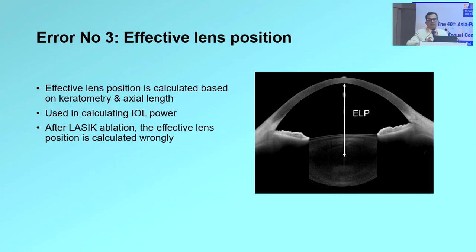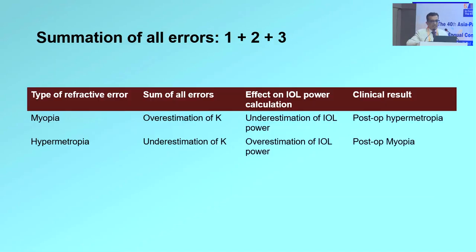There are also errors with the effective lens position, which the newer formulas incorporate, because the anterior and posterior curvature ratio is altered. Neither can you use the refractive index of 1.3375 for calculation of the corneal power. So in myopia, there is an overestimation of K, and the result is usually a postoperative hypermetropia, and the opposite happens for hypermetropia.